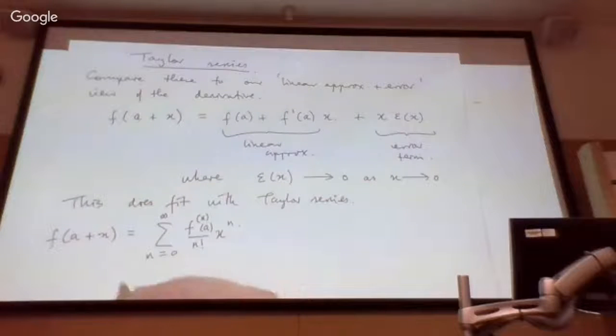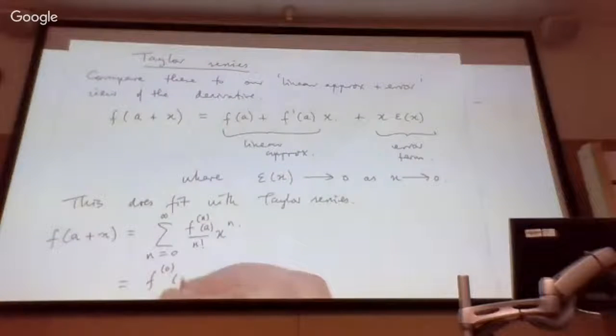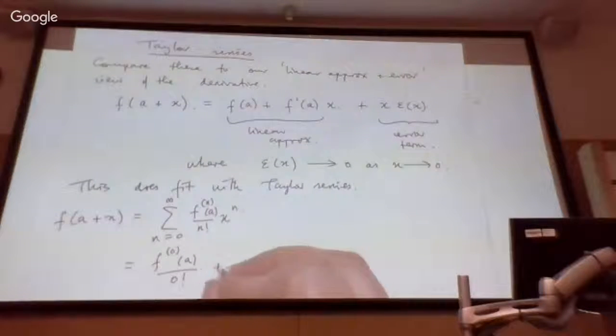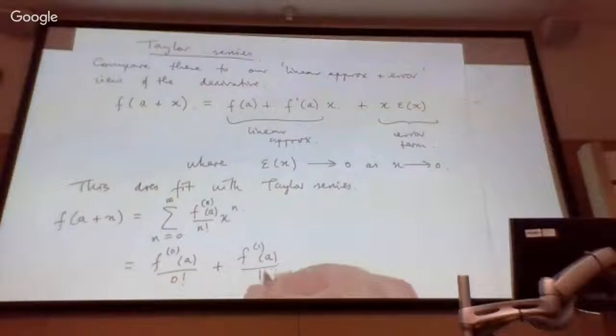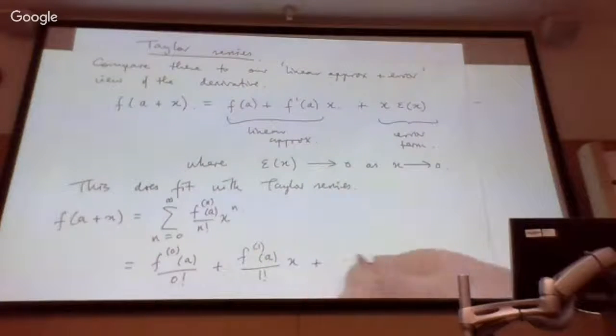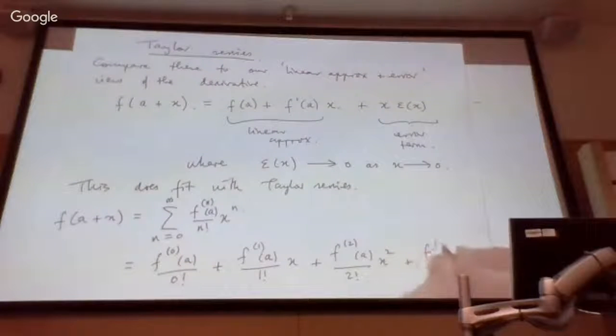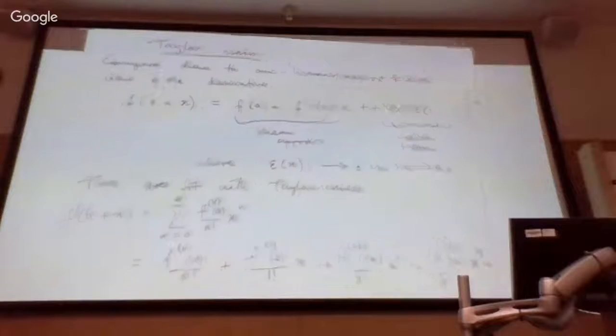Now, if you write out the first few terms, the first term will be the 0th derivative of f evaluated at a over 0 factorial. The next term will be the first derivative of f at a over 1 factorial times x. Then you have the second derivative at a over 2 factorial times x squared, plus, let's finish with this one, the third derivative of f at a over 3 factorial times x cubed, and so on.